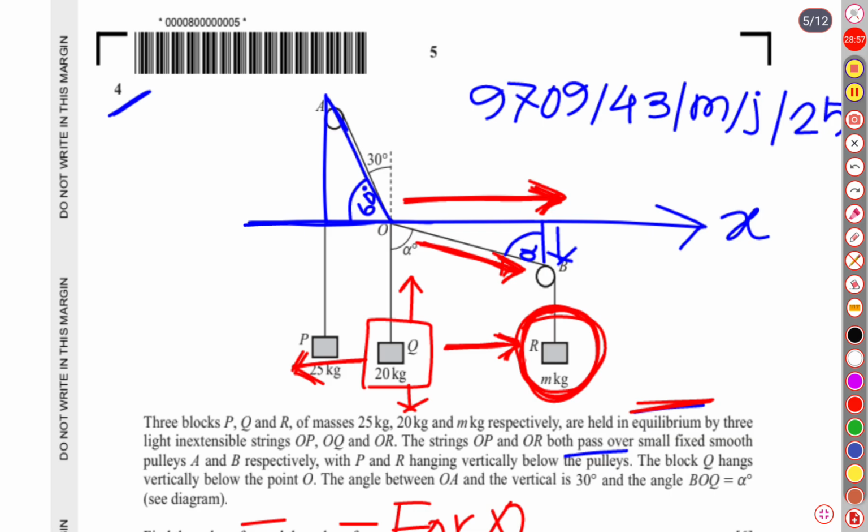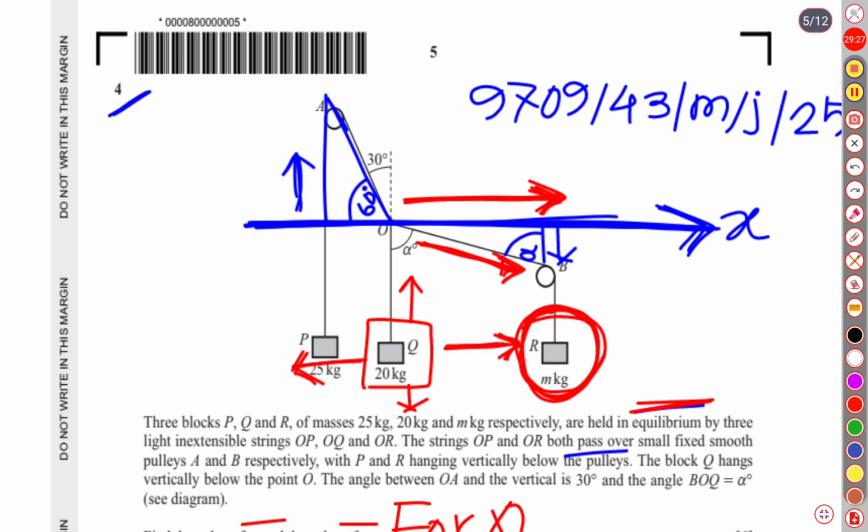As this is our reference frame, the first triangle is lying below the reference. Suppose this is the horizontal axis, the first triangle having angle alpha is lying below the horizontal axis. So which one is positive? This one is positive.